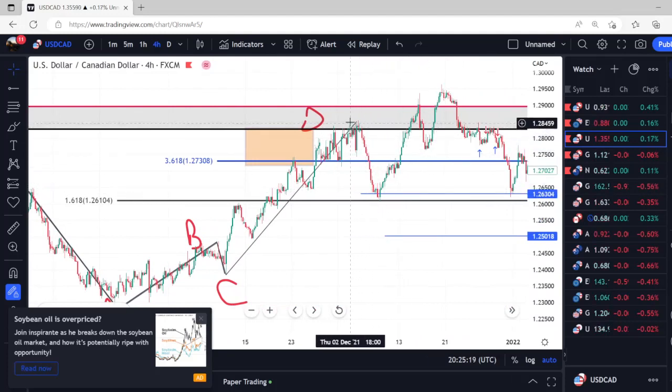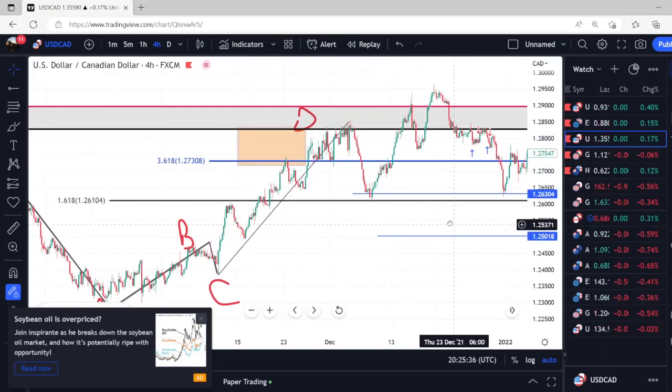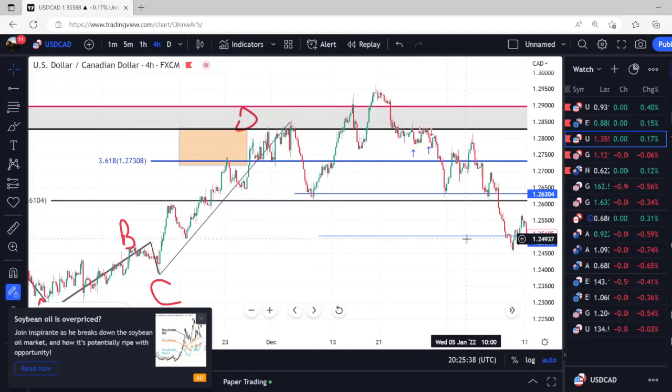As you can see, when the market dropped, our first TP was hit. So you can decide to take your whole profit, or you take some out and then move your stop to break even to see if the market will drop to your 0.618.